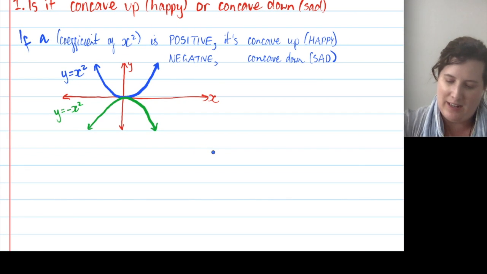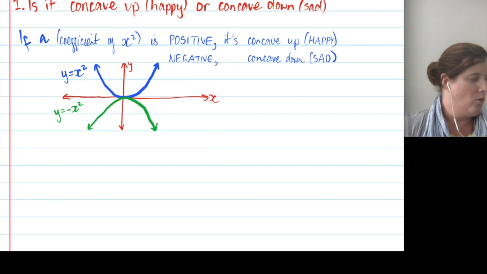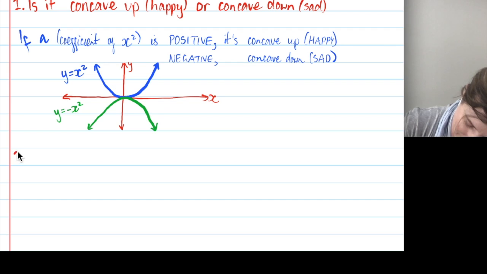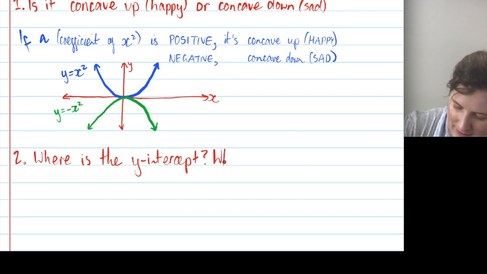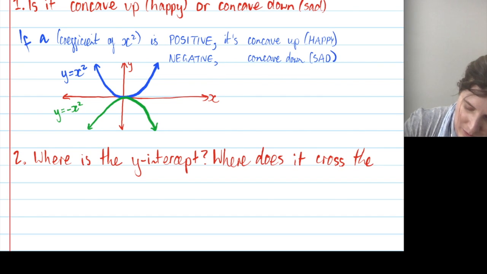The second thing you need to figure out is, what is the y-intercept? Where does it actually cross the y-axis?